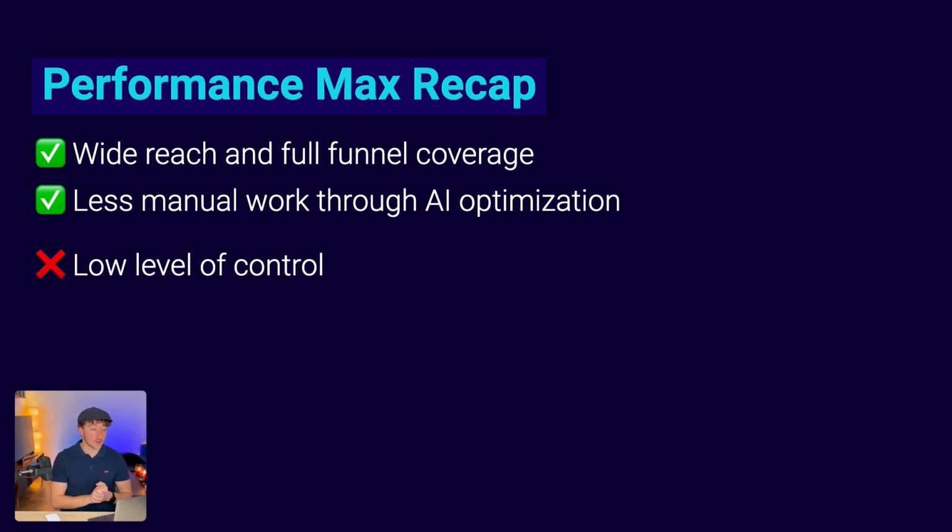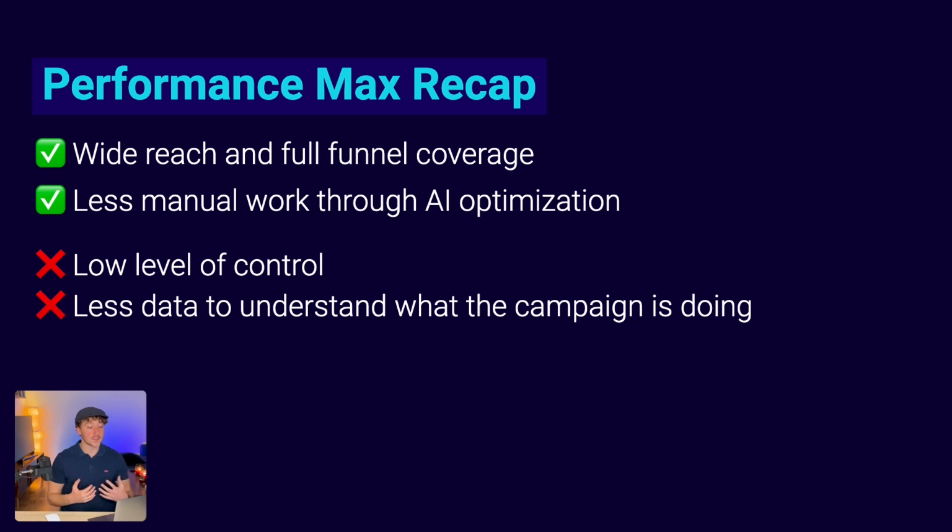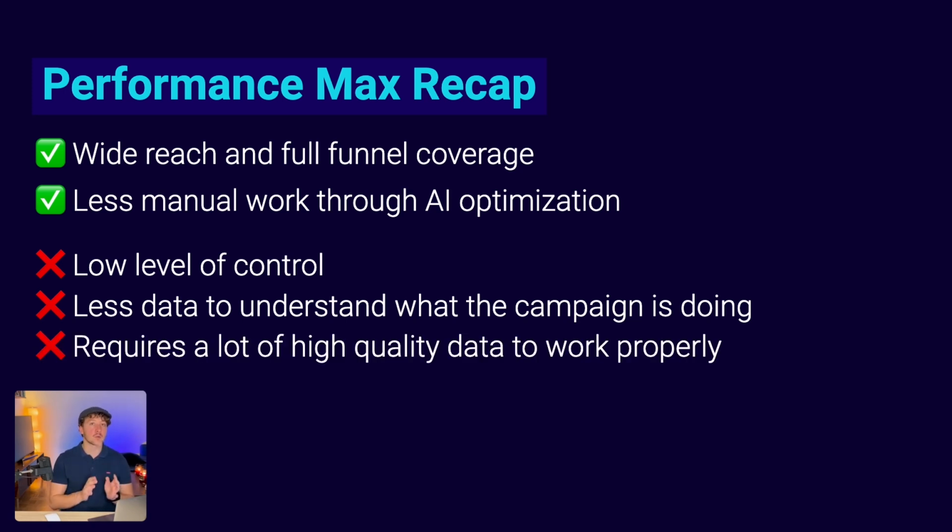You have less control, you can't control individual bids, search terms, placements, audiences, and so on. You have low transparency, it's not easy to know what your Performance Max campaign is doing. You have a learning period and it might take time until the campaign really gets going. And it requires a lot of high quality data to work properly, so really look into your conversion tracking here.